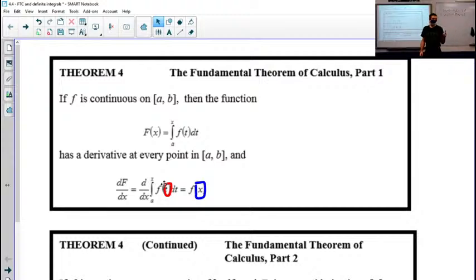So there are going to be 2 things we're going to need to keep in mind when we do these problems, because otherwise they're going to be really, really simple. The first is that we need to make sure that we are using the correct variable, and that's whatever we're taking the derivative of, or the bounds of the integral. The second thing is that we will still, on some problems, have to worry about the chain rule.